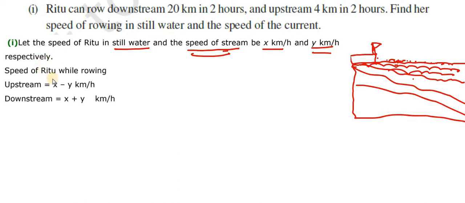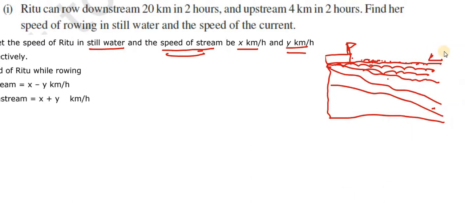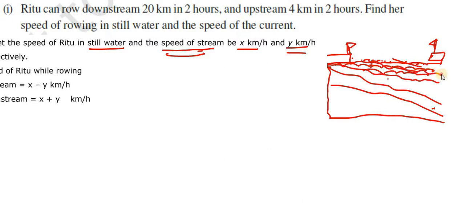Now the speed of Ritu while rowing upstream. Suppose she is at this point and wants to row her boat. She needs to pull the water back, while the water current is also pulling her back.